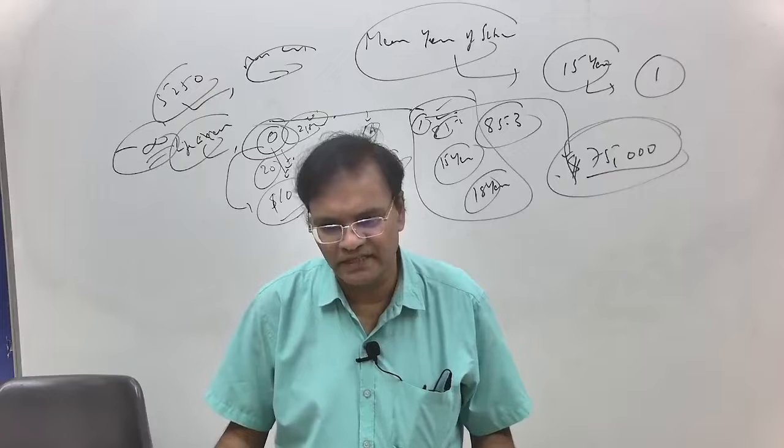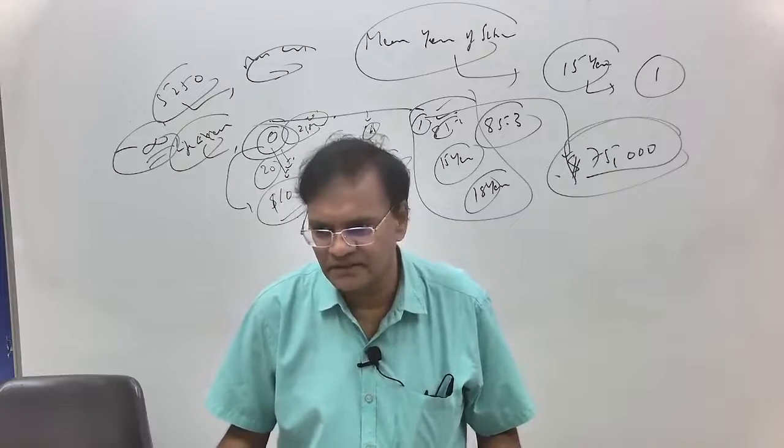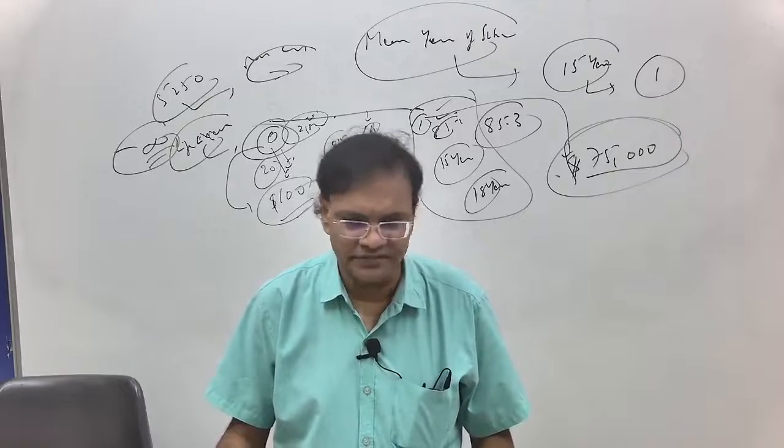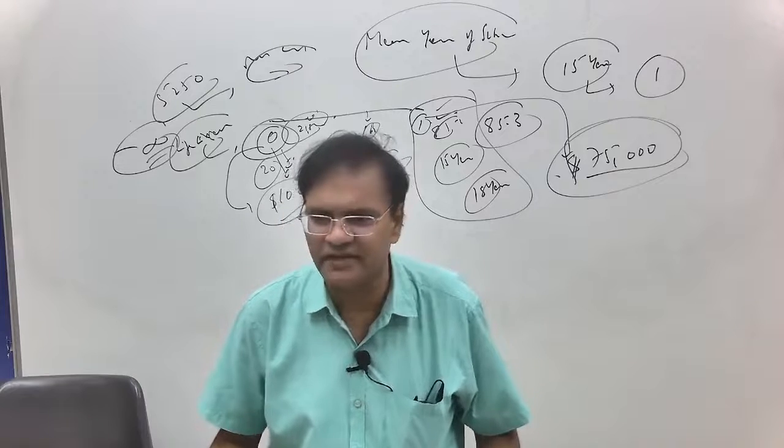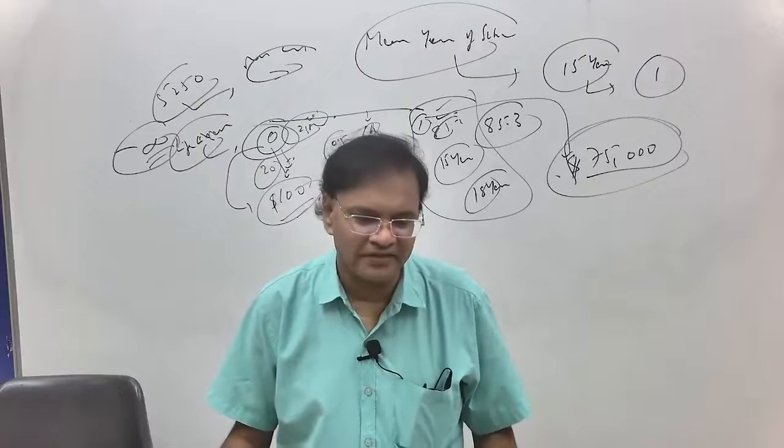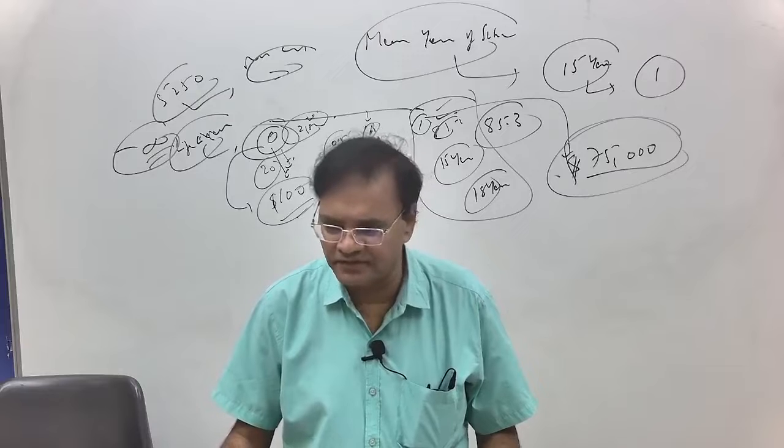So these are the two major issues with our banking system. One is that only 78% of adults have bank accounts in spite of Jan Dhan and everything. And banks are not willing to give small loans.